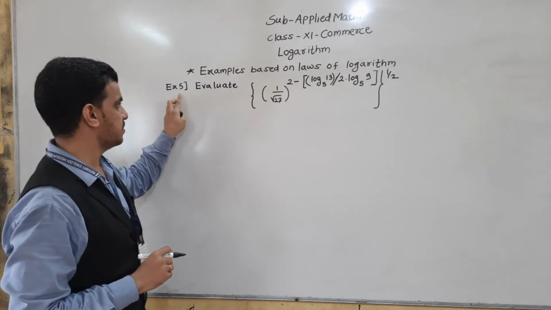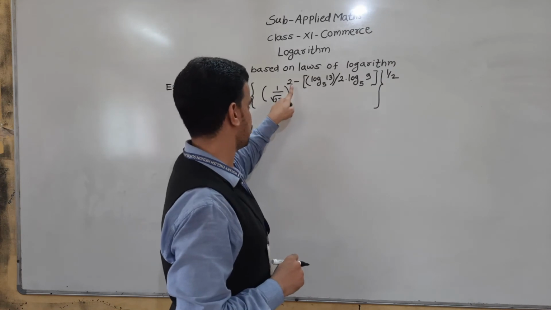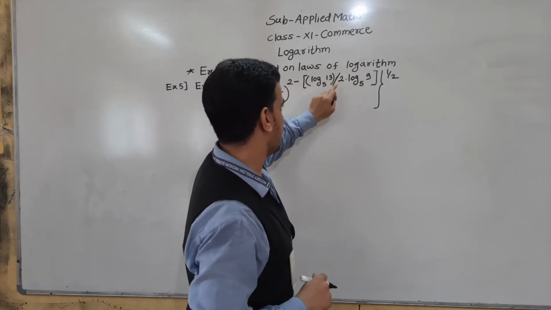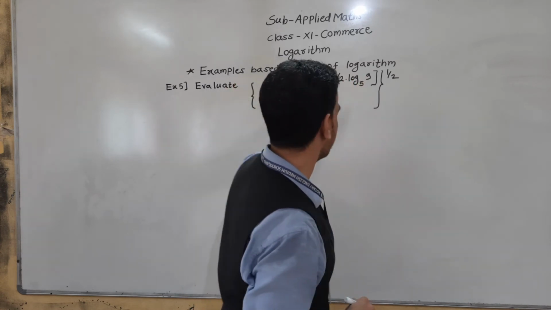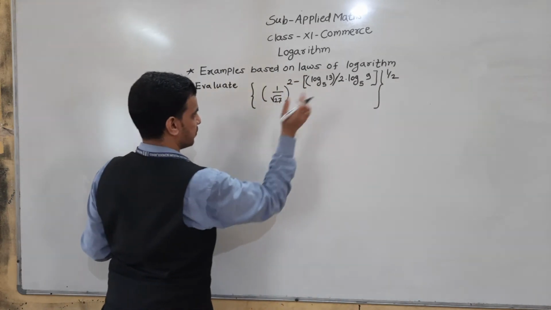The next example is: evaluate 1 upon root 27 raised to 2 minus log 13 to the base 5 upon 2 into log 9 to the base 5, and whole bracket raised to 1 by 2. Okay, so we will simplify one bracket.